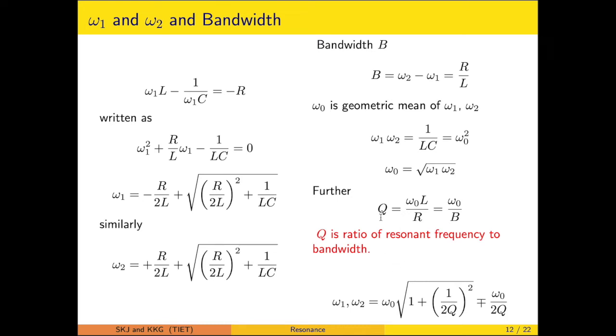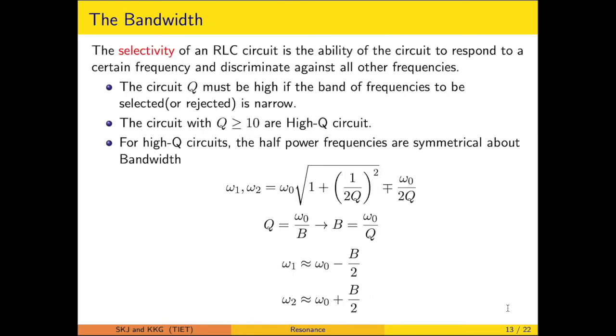Now this Q is substituted in these expressions. We result in the expression of the half power frequency as omega 0 times square root of 1 plus (1 upon 2Q) whole square, minus plus omega 0 upon 2Q. Simple substitution works to obtain this expression. This Q we previously correlated with 3 different Q parameters, and it helps define the selectivity.